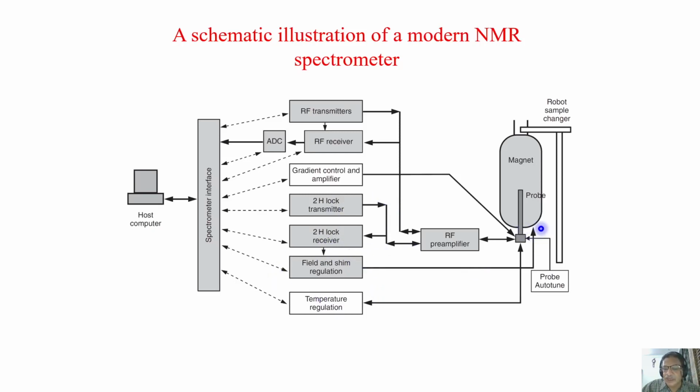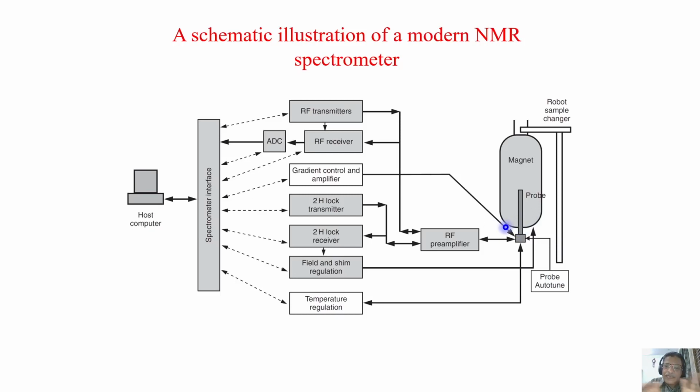We have shim currents here, shim coils, where we pass the current and generate a counteracting magnetic field to nullify the field inhomogeneity, to make the magnetic field homogeneous. And of course, nowadays magnets are superconducting, but experiments are carried out at room temperature. And the sample temperature, if you want to study the dynamics, can also be regulated and monitored.